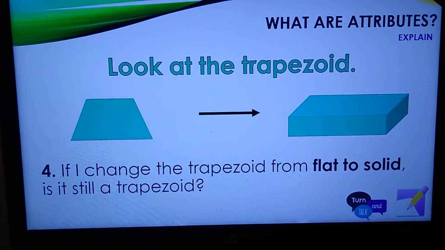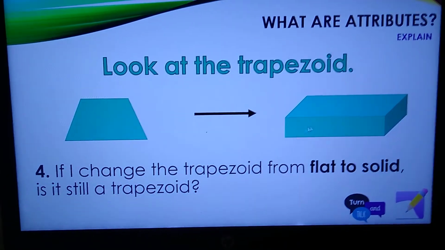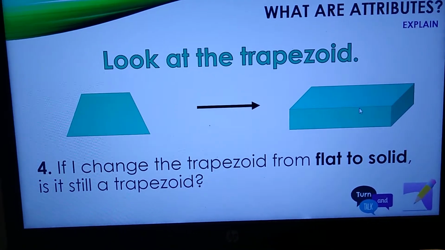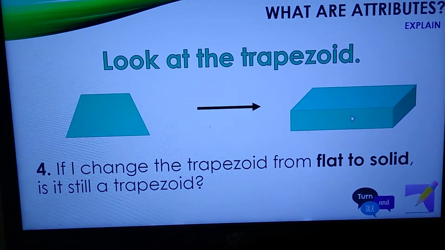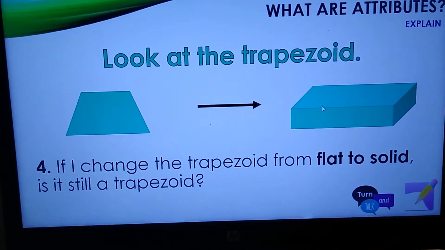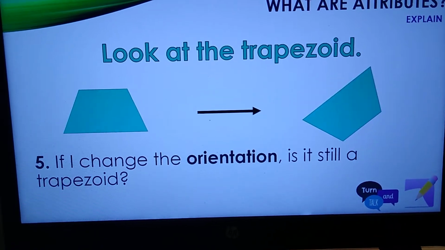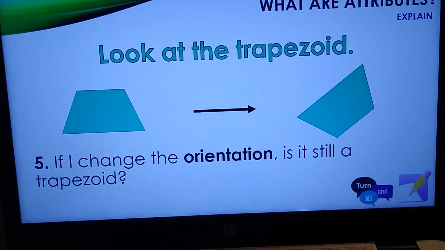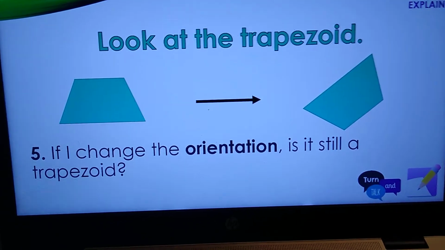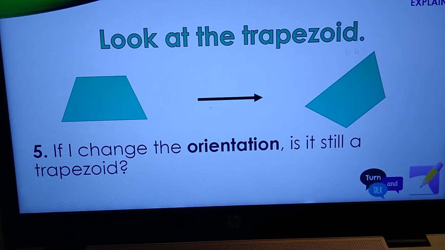If I change the trapezoid from flat to solid, is it still a trapezoid? Actually, it doesn't look like a trapezoid now. It looks like a rectangular prism. So they actually changed the type of shape that it was. If I change the orientation, is it still a trapezoid? That means if you change the way that it's facing, if it's upside down or sideways.